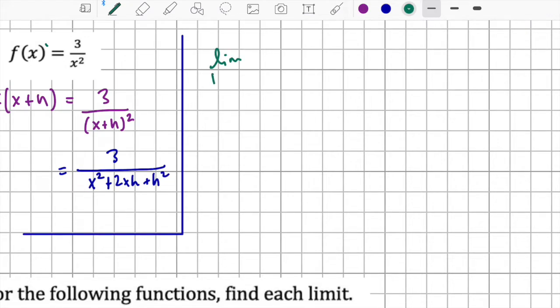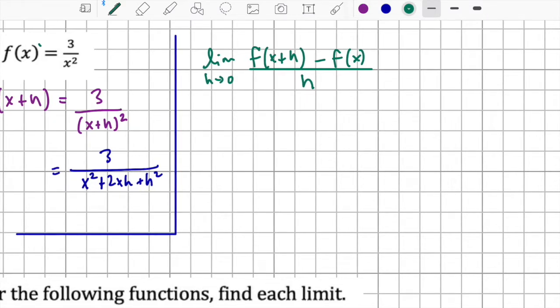Okay, so now let's find that limit. It'll be the limit as h approaches 0 of f of x plus h minus f of x, all of that divided by h. So now we're going to replace f of x plus h.